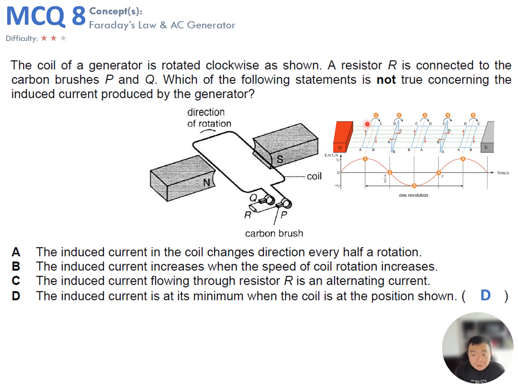So when the coil is horizontal, we are always going to get the maximum induced EMF or induced current. So this directly contradicts option D. That's why D is the statement that is not true, and that's the answer.